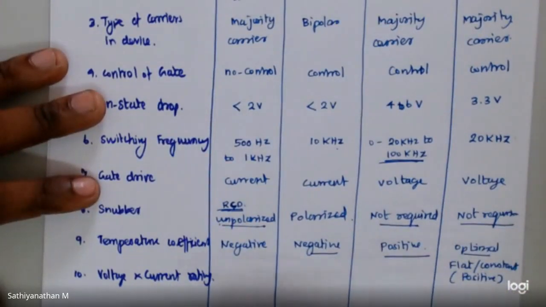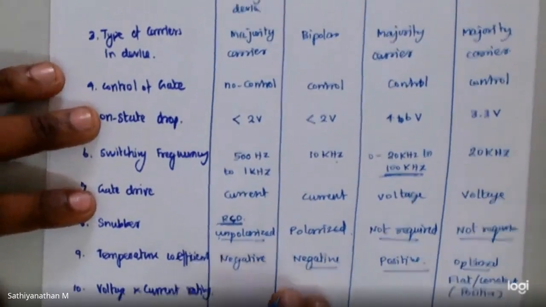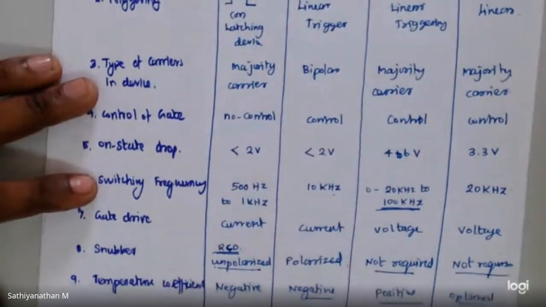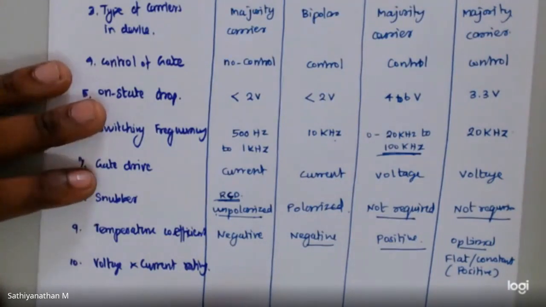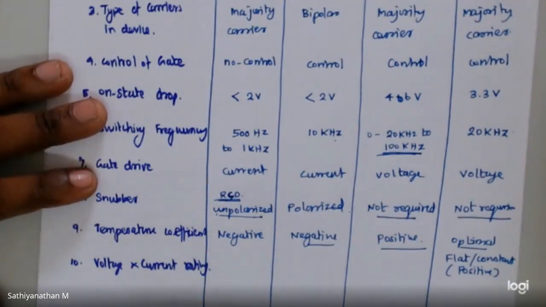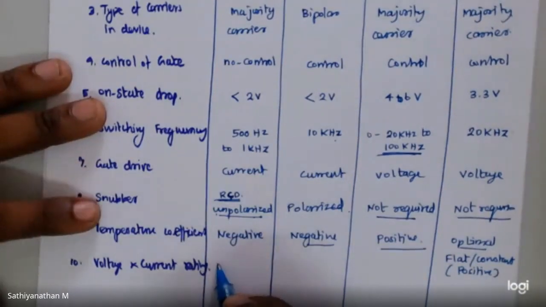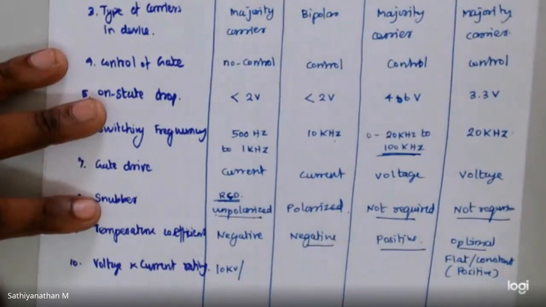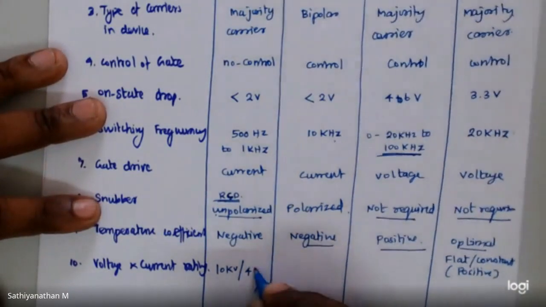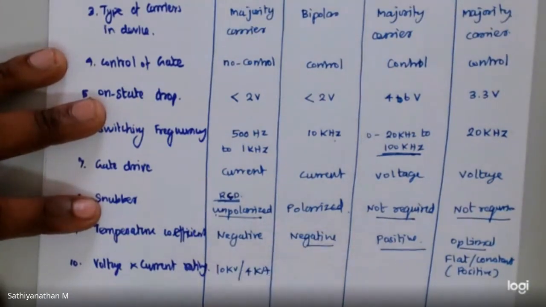Okay. So the voltage and current rating. So we discussed the internal characteristics and the external parameters, like it depends on the load rating and voltage rating of the device. In the market you may be able to get a 10 kV voltage rating of the device, and the maximum current rating of the device is 4 kiloamps.